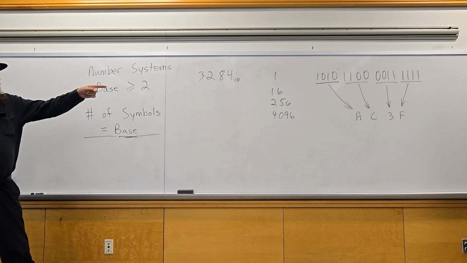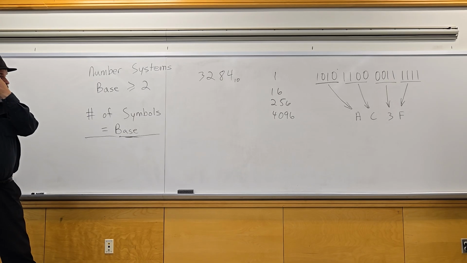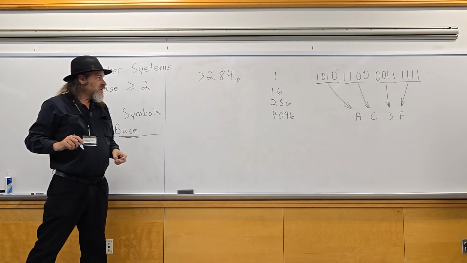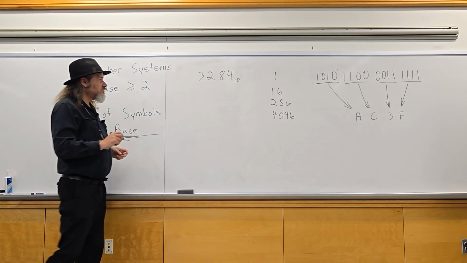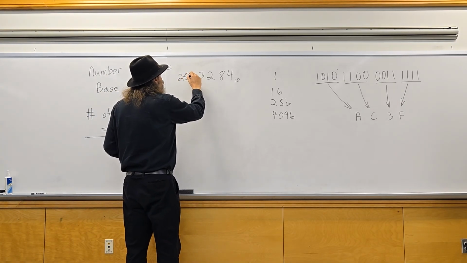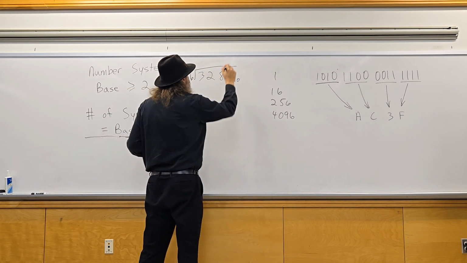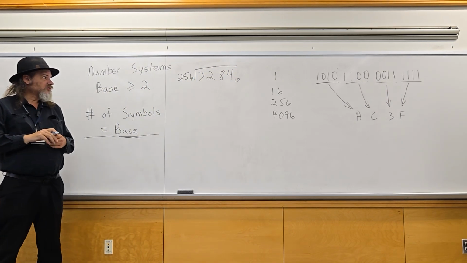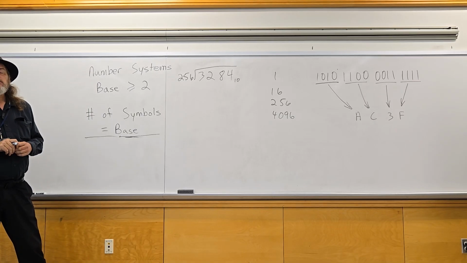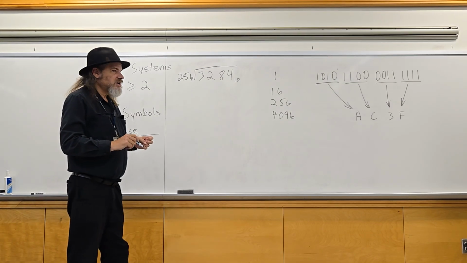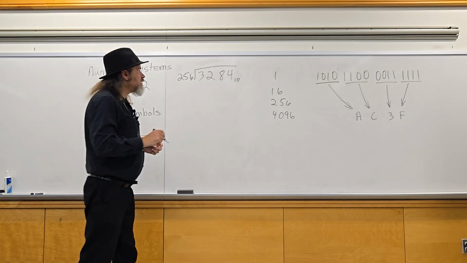So it's greater than 256, but less than 4096. So what we'll do is divide this by 256. And what is that? 3284 divided by 256. 12 point something.